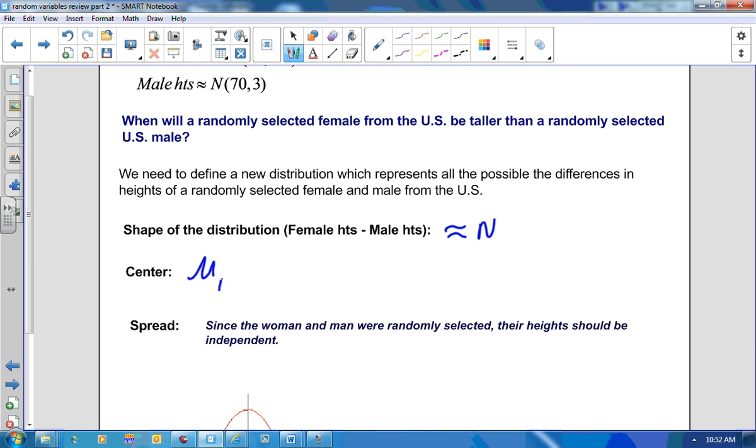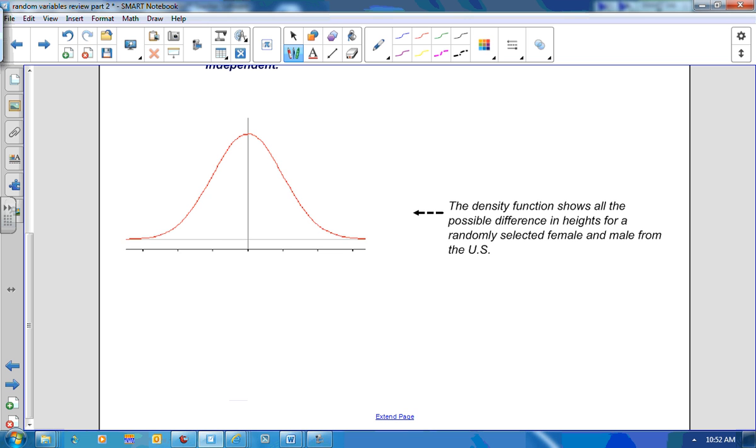Well, the mean of the female minus male heights will just be the mean of the female heights minus the mean of the male heights, which was 65 inches minus 70 inches, so it should be centered at -5 inches. Now that should make sense to us, because it's saying that on average, females tend to be about 5 inches shorter than males.